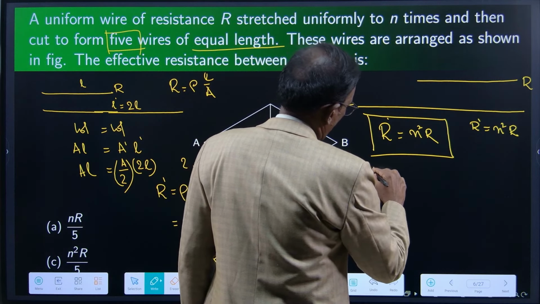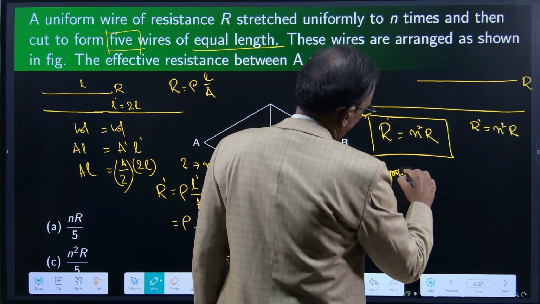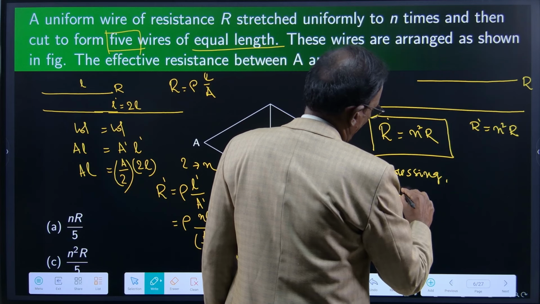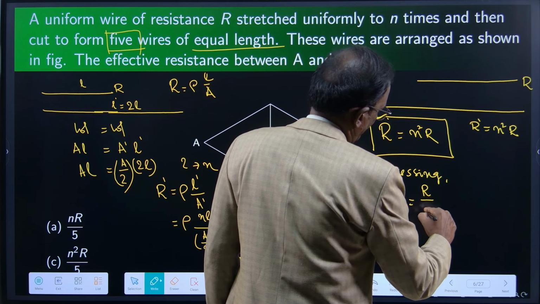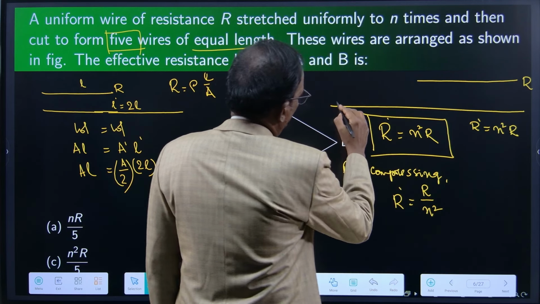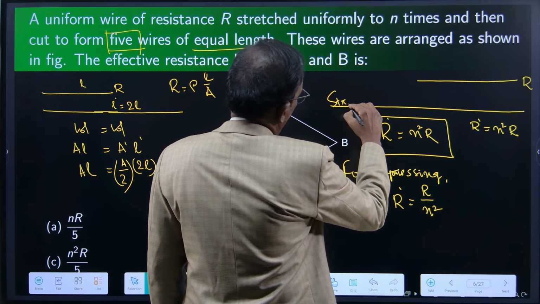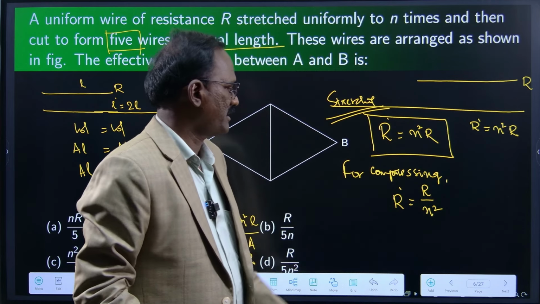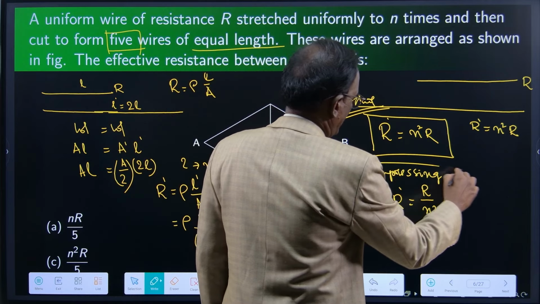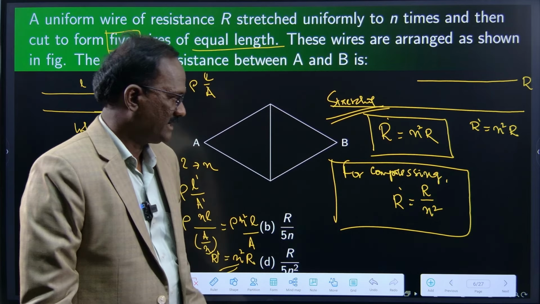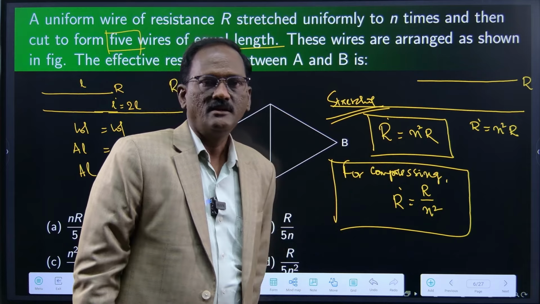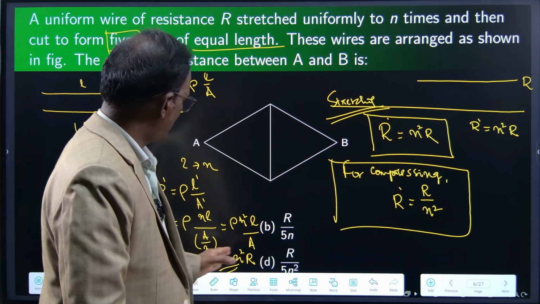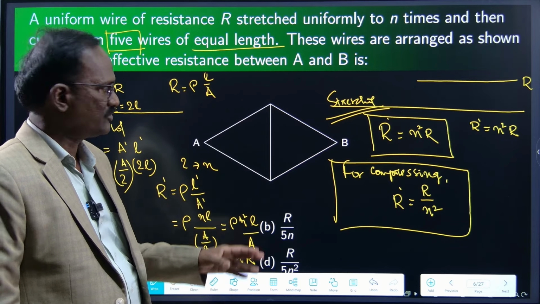For compressing, R dash is equal to R divided by n square. This is for stretching. This formula is for stretching. For compressing, R dash is equal to R by n square, right? Please learn and remember these two formulas. This formula you can easily prove by the same way you can do it, right?